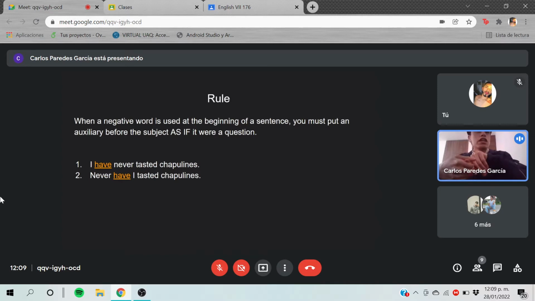In the first example, we have the negative word never after the auxiliary verb. So the order of the sentence remains the same. Well, in the second one, we have "Never have I ever tasted chapulines."